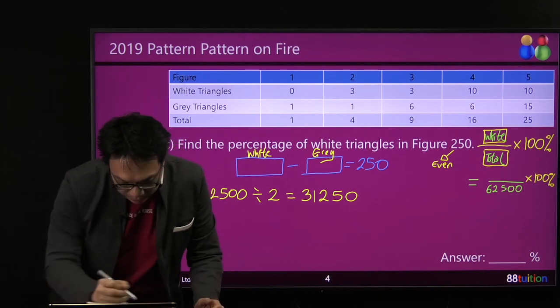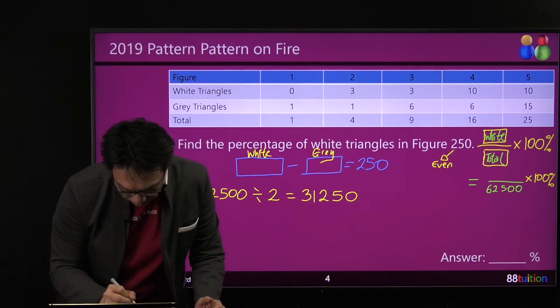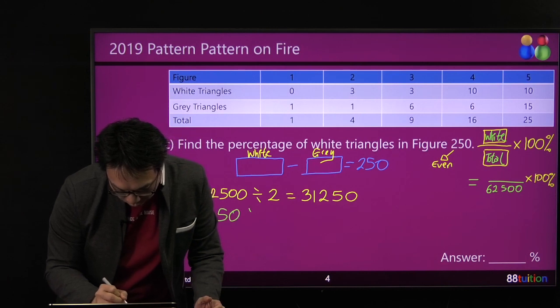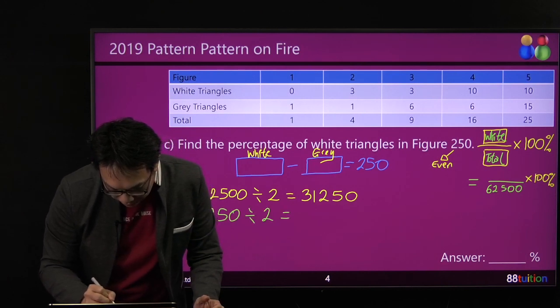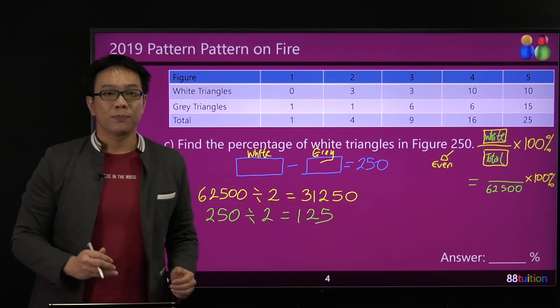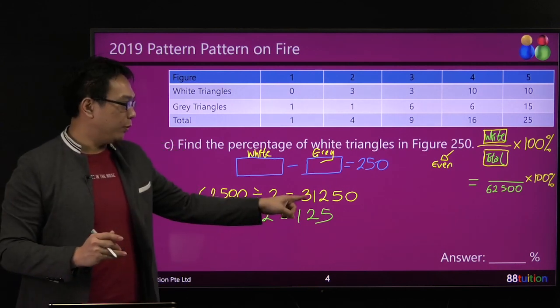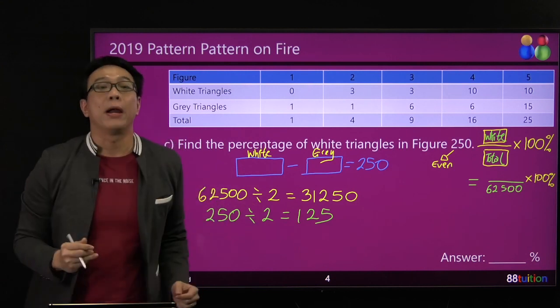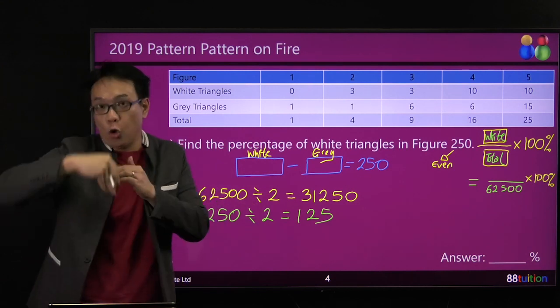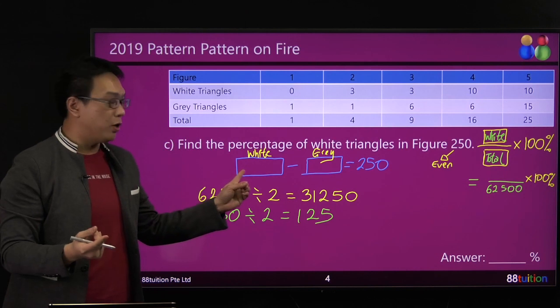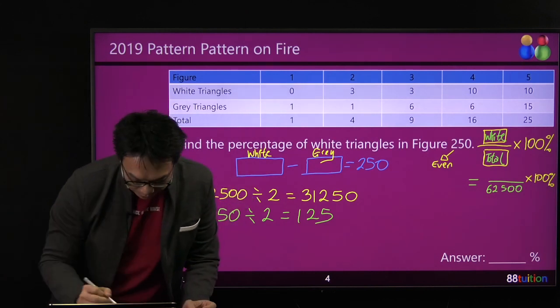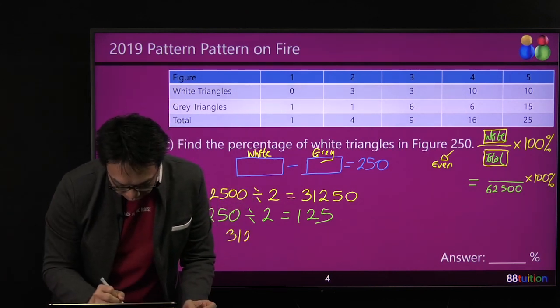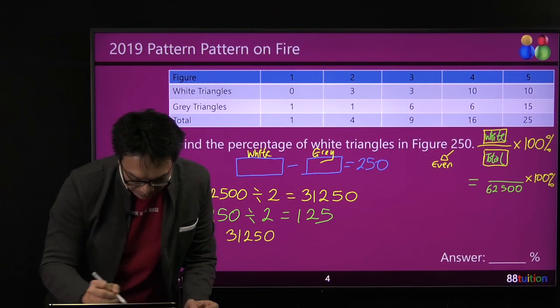So same thing down here. 250, you divide by 2 to give you 125. So the center number is 31,250. You must go up by 125 and go down by 125. If you go up, it's a bigger number, and the bigger number will be your white color. So down here, you take your 31,250 plus your 125.